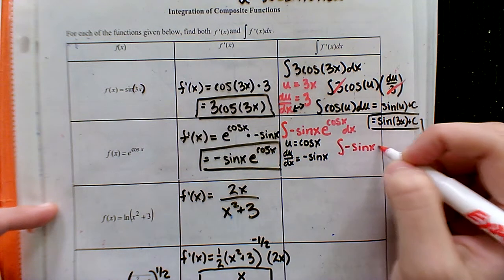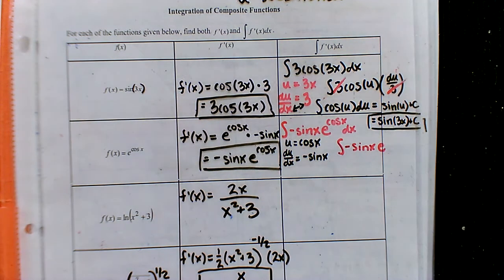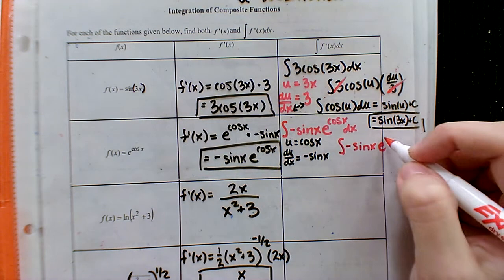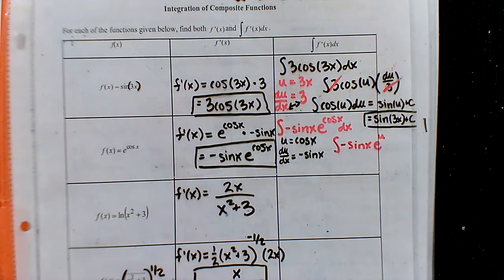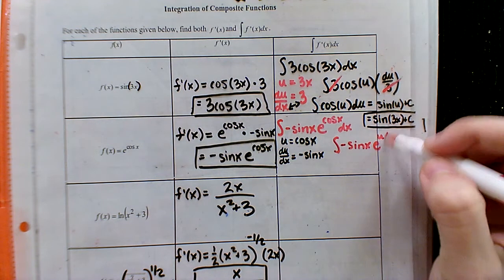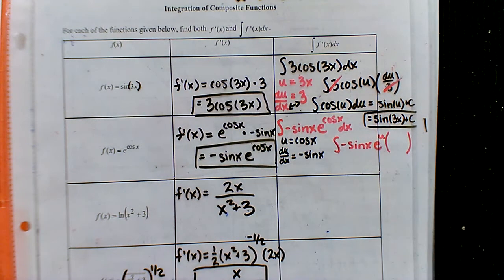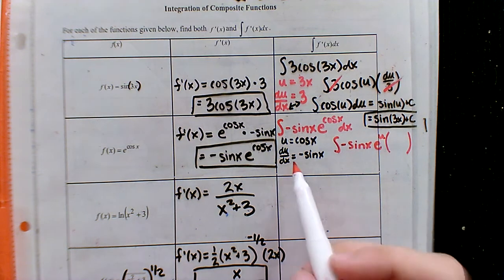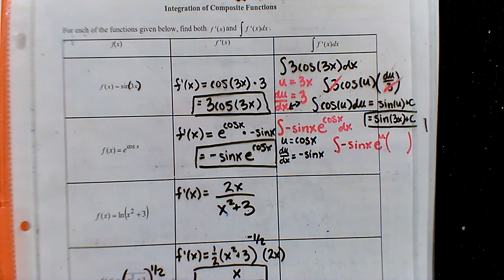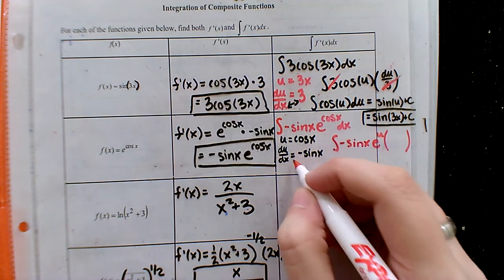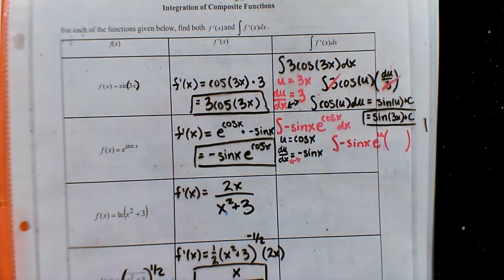Negative sine of x times e, now instead of being to the power of cosine, that's to the power of u. Now we have to rewrite the dx on the end, and that's where the derivative equation is going to come in. The dx and the negative sign are just going to switch if you were to go through and solve.